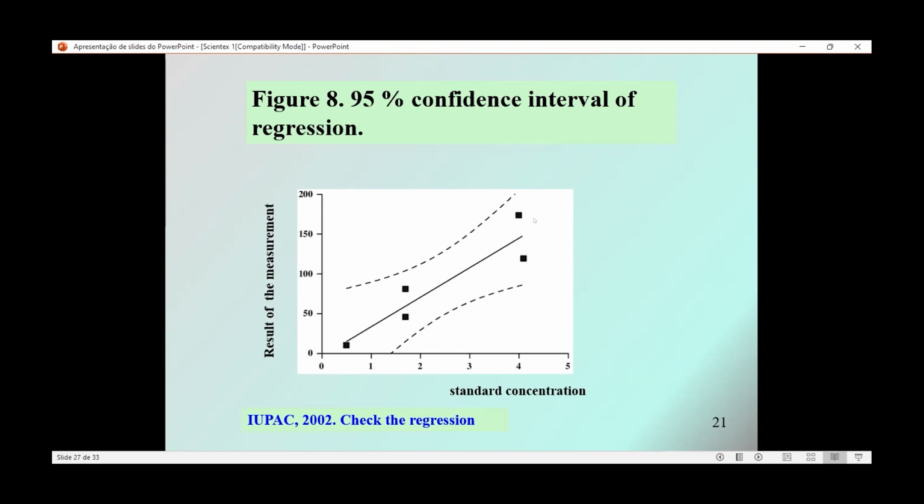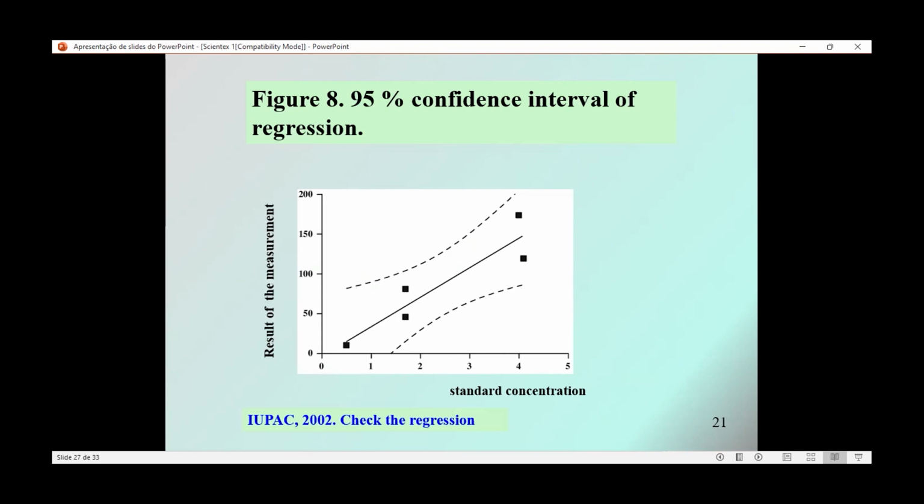You can see in figure 8 that at the right and the left, these lines open. So you do not have one uncertainty constant all over the interval of the standard concentrations. It doesn't matter which is the method.